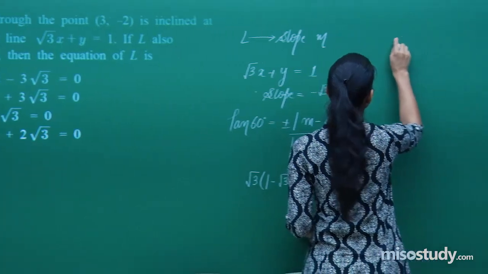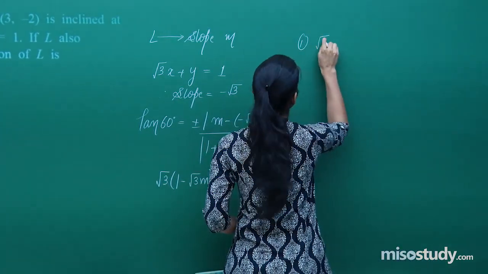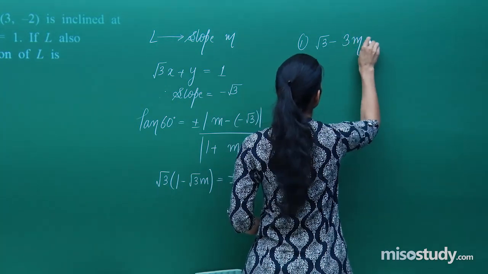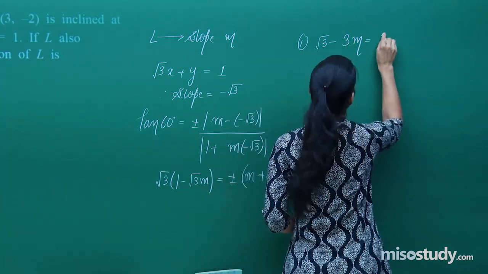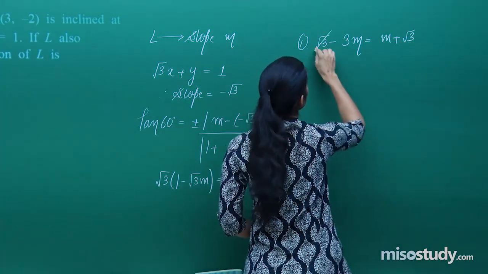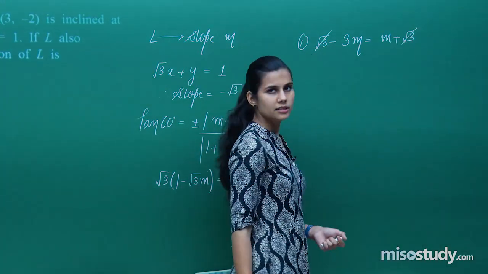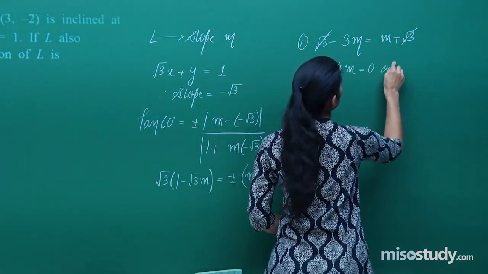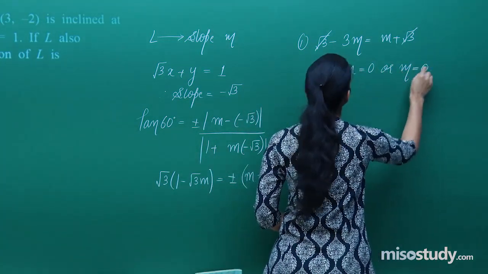So, one by one, let's see what we have. First, we have root 3 minus 3m equals m plus root 3. So, from here root 3 gets cancelled. You have 4m equals 0, or m equals 0.